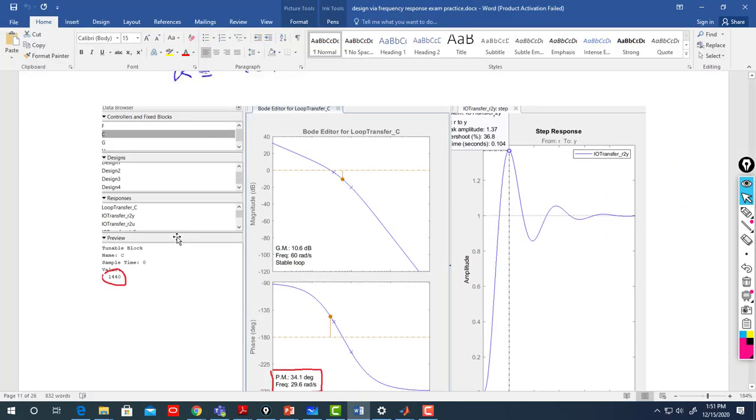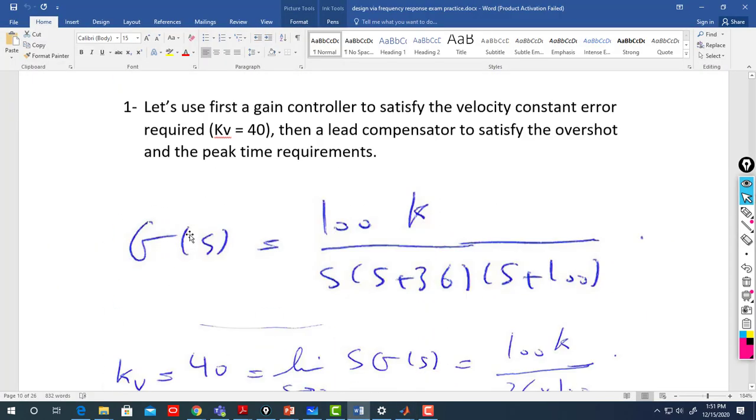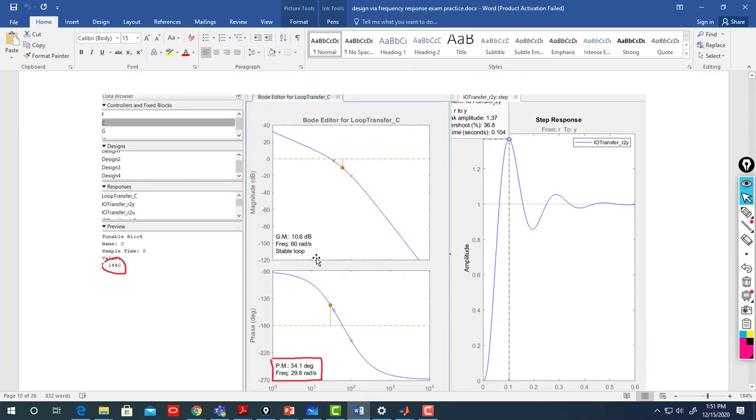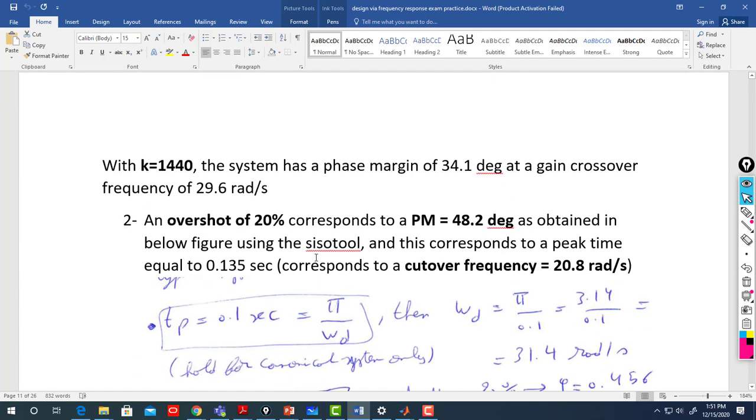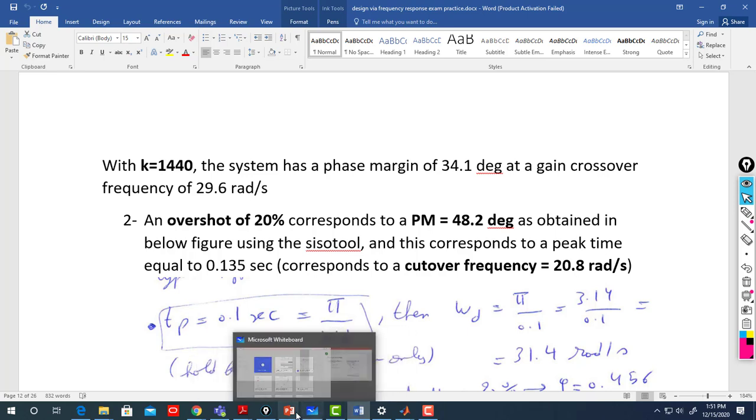Alright, this is the first step in our design of the lead compensator. What's the second step? Well, in the second step we need to design the lead compensator to achieve an overshoot of 20%.